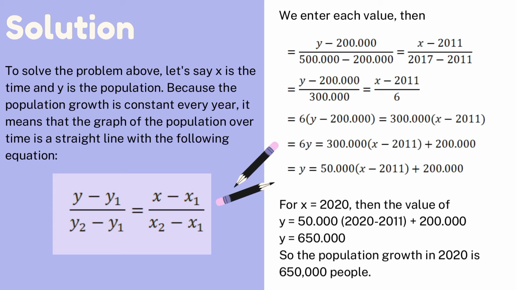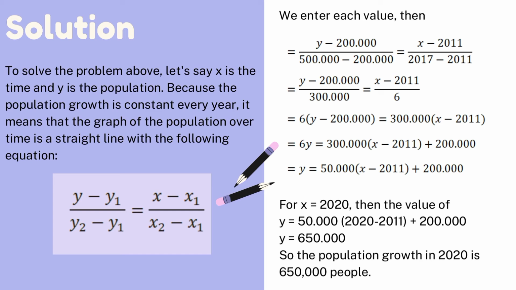Because the problem consists of two points, A (x1, y1) and B (x2, y2). Based on the question, it means y1 is 200,000, y2 is 500,000, x1 is 2011, and x2 is 2017.